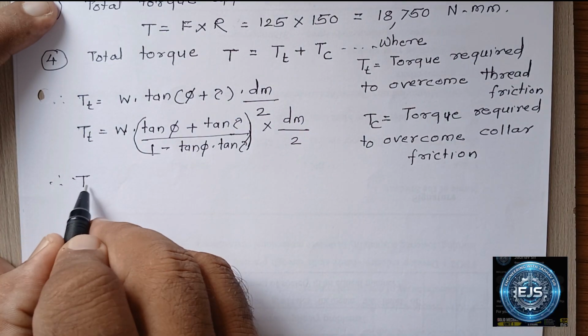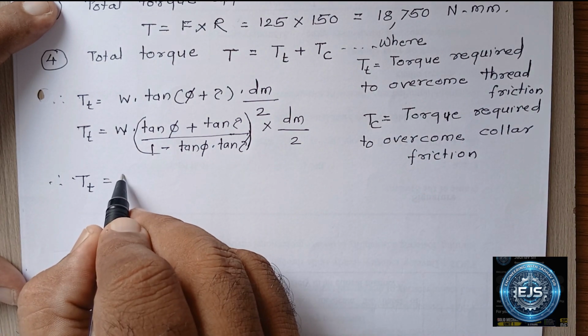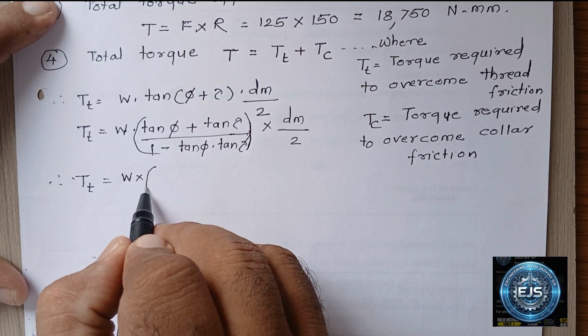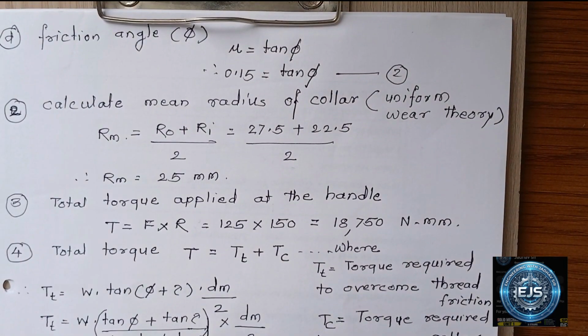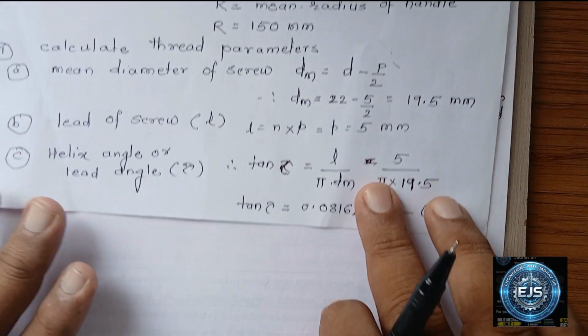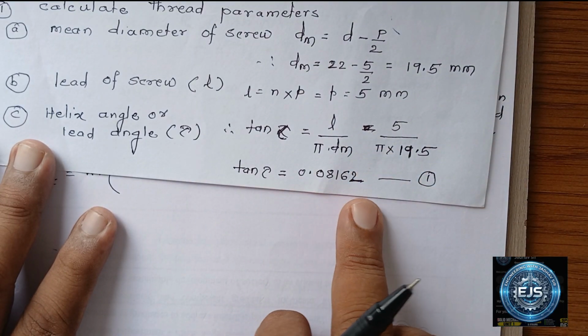This way we can calculate the torque required to overcome the thread friction, which is equal to W multiplied by tan of φ. This value we have calculated: tan φ is 0.15, and tan λ we also calculated in the beginning. Tan λ is 0.8162.